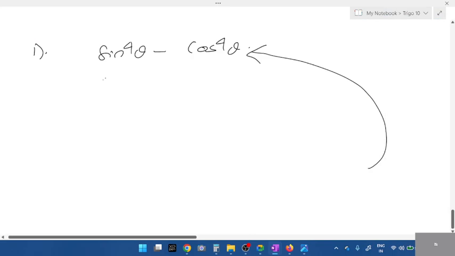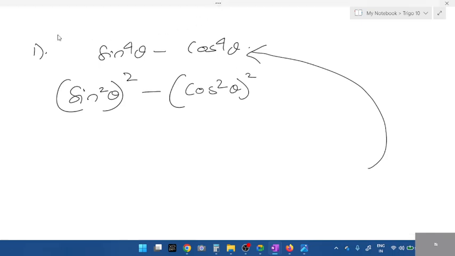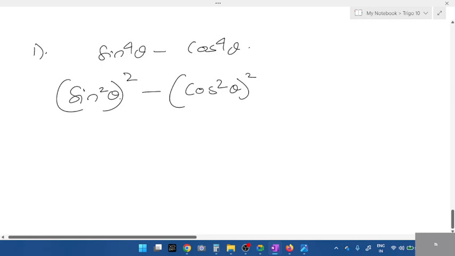Now let us use the same concept, students. I need square outside, so what should I write inside? Sine square theta minus, for cos what should I write, students? Cos square theta the whole square. This looks like a square minus b square. What is a square minus b square?